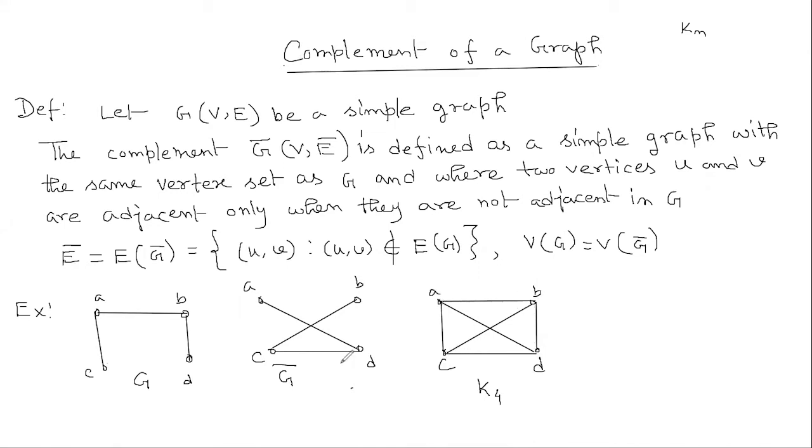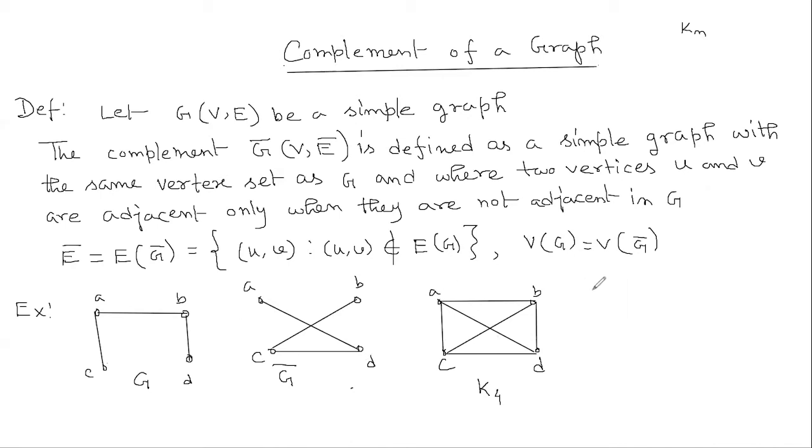So if you observe these three graphs, each of the graphs is a simple graph and this K4 contains all possible edges that belong to G and that belong to G bar. So whenever we talk about complement of a set, we actually take complement with respect to universal set.